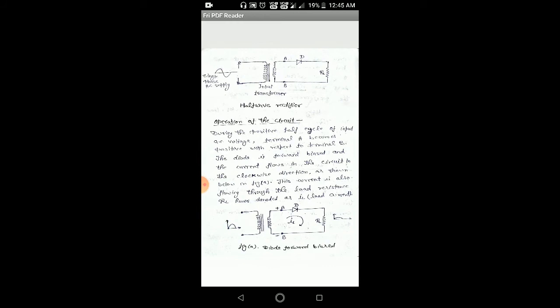This current also flows through the load resistance RL, hence denoted as IL.